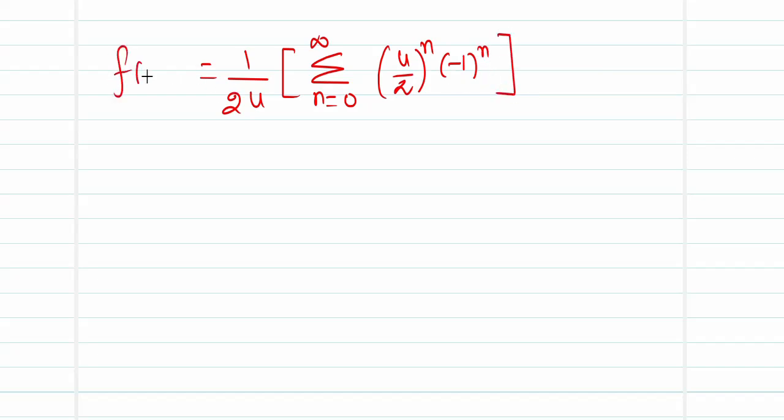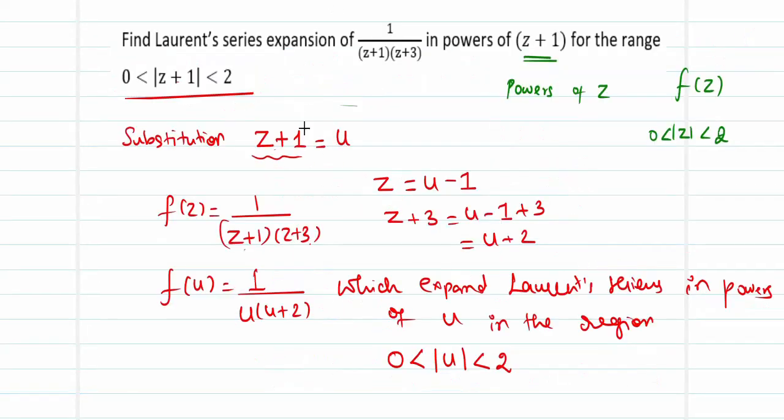So I have my function f of u as a Laurent series expression of the format 1 by 2u summation n varying from 0 to infinity (u by 2) power n into (minus 1) power n. But we need to keep in mind u was the substituted variable which we introduced for z plus 1. My original series is in terms of z. So wherever you have u, retrace your u back to z plus 1.